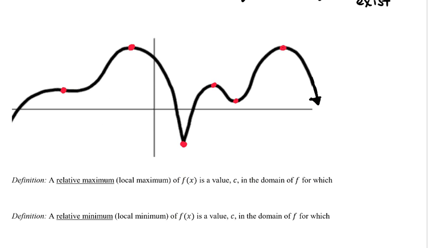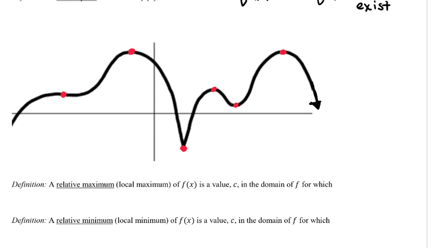And so the next thing is that a relative maximum, which we might also call a local maximum, of a function f of x is a value c in the domain of f for which f of c, if it's a maximum, is going to be greater than the rest of the f of x's, for x values near c.